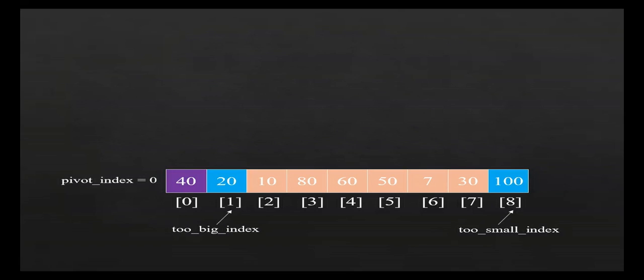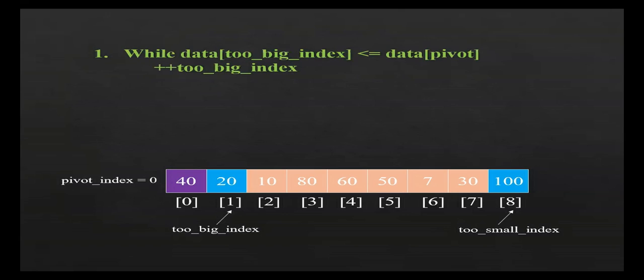So in that case, we'll perform two traversals, one from left to right, another from right to left, right? So how will we perform this traversal? Based on the idea like that, we will check each item against the pivot element, whether it's smaller than the pivot element.